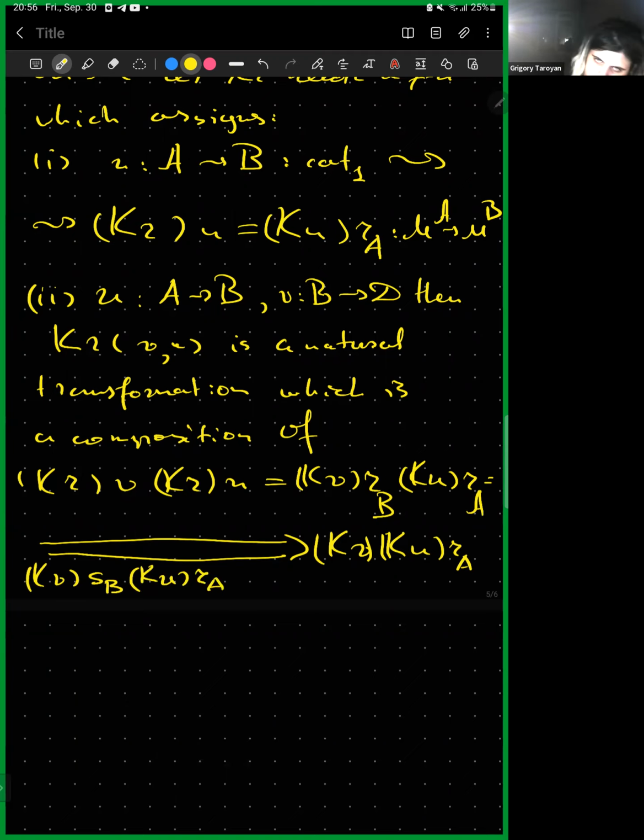We use this S_B, which is a natural transformation from R to identity, and we compose this natural transformation with a natural equivalence which comes from the composer.